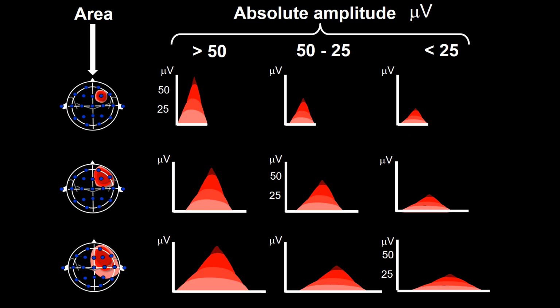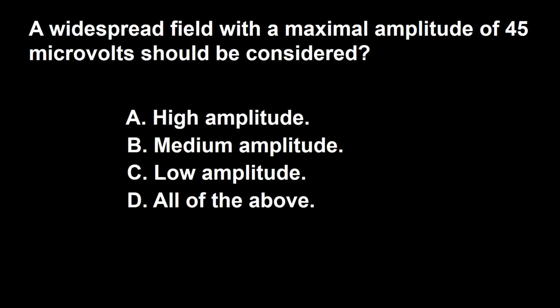So we call a field with a maximal amplitude above 50 microvolts high amplitude, a field with an amplitude between 25 and 50 microvolts medium, and a field with a maximal amplitude of less than 25 microvolts low. The classification of fields according to amplitude is independent of the area involved. It is only based on the maximal amplitude of the field. So the answer to this question is medium amplitude.